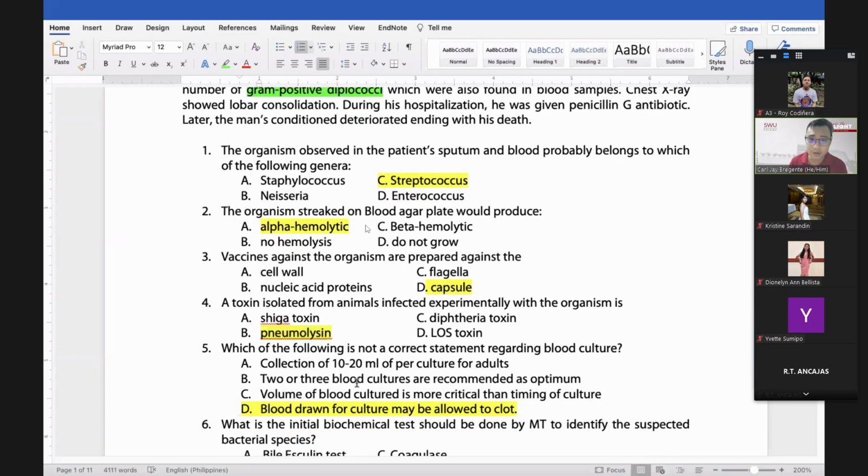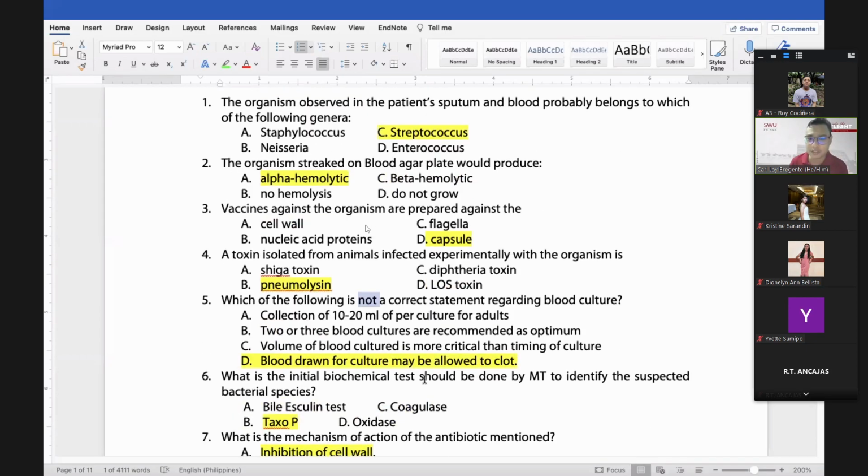Number 5, which of the following is not, no, it's not correct. Take note, not correct statement regarding blood culture. So for this question, try to remember your previous discussion about blood collection. So a collection of 10 to 20 ml per culture for adults, that's correct. 2 to 3 bottles for blood culture is recommended as optimum. 2 to 3 so that we can get more organisms, no?